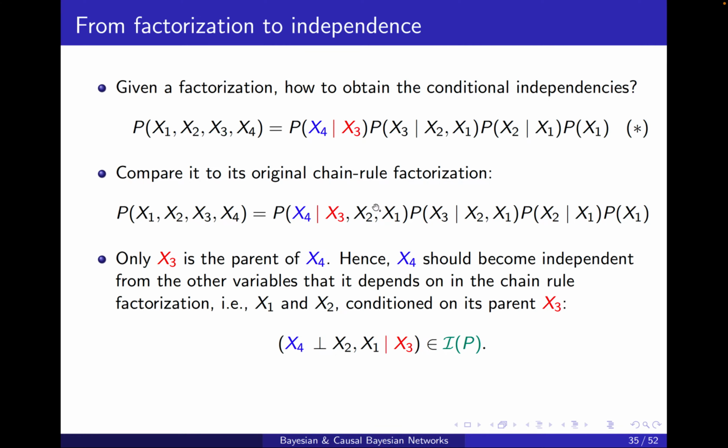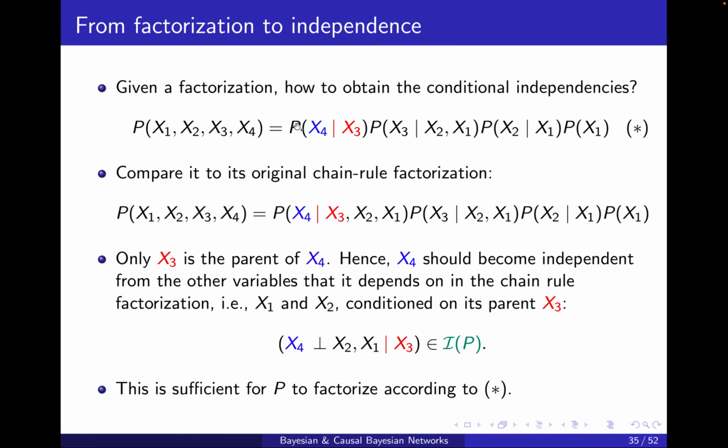So I can conclude that only x3 is the parent of x4 here, right? And x4 should be independent of x1 and x2. So I can write down this conditional independence, and I can say that it belongs to IP, the independencies of the distribution P that should be factorized in this way.